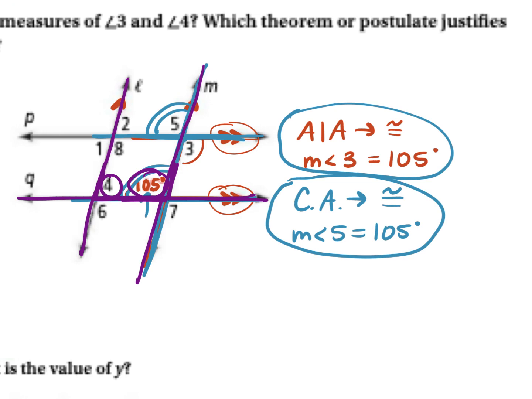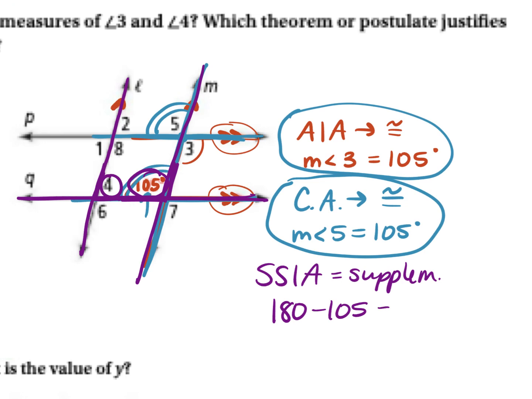They are on the same side of the transversal. They're above the transversal, but they're inside your parallel lines, right? So those are same side interior angles. And we know those are supplementary. So if those have to be supplementary, then you go 180 minus the 105 will be 75 degrees, okay?